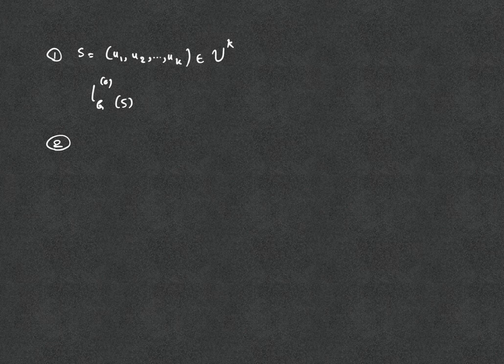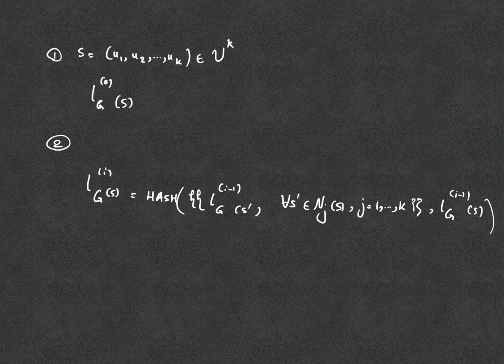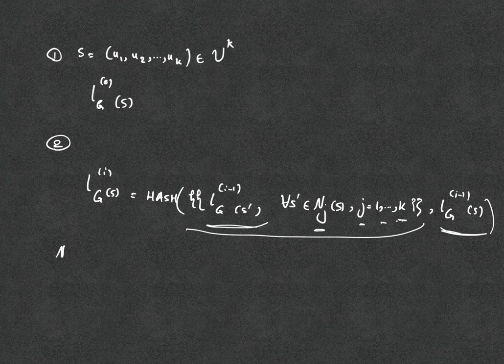Now here's the iteration. You have the label representation for the subgraph in the previous iteration, and you also have this multiset, which means that you have the labels of the subgraph neighborhoods, j for 1 up until k. And neighborhood j of subgraph S is going to be defined like this.